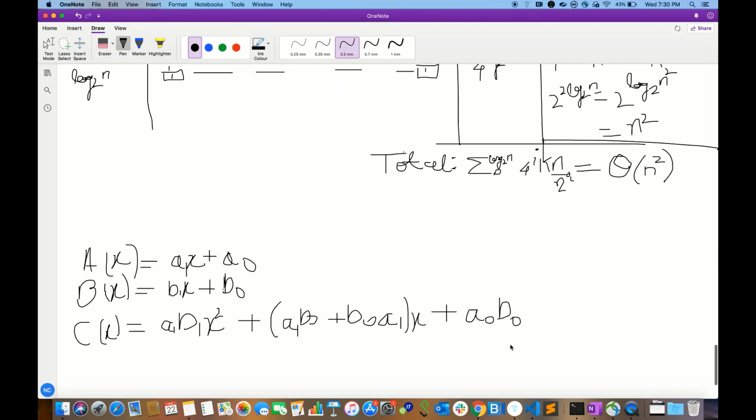So it needs 4 multiplications, this one, this one, this one, and this one.